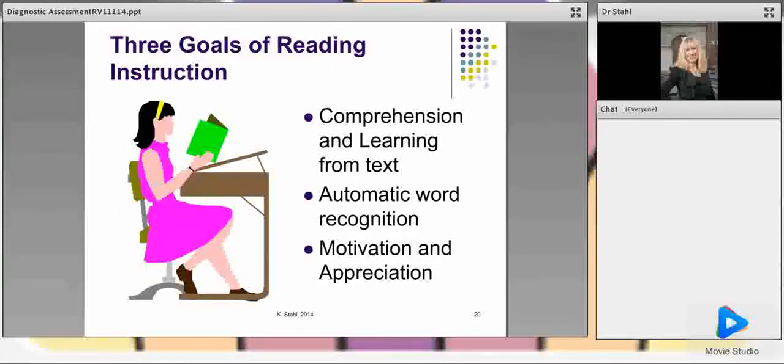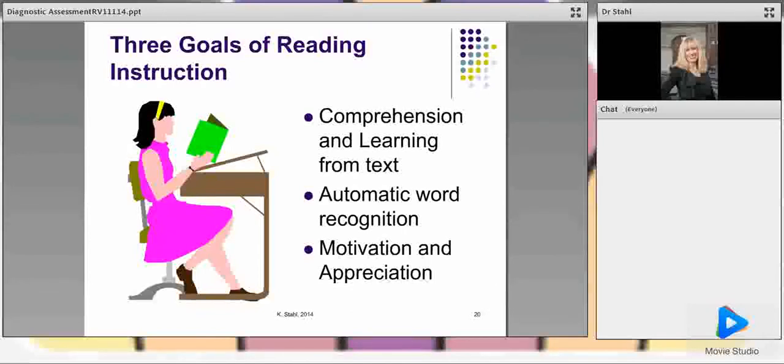Now, whenever my late husband, Stephen Stahl, or I have given professional developments to teachers, we have asked them what goals they have for their children. And inevitably, the goals that teachers want are they want children to comprehend, to be able to learn from text that they're reading, also to be able to read fluently and to recognize words automatically and effortlessly.